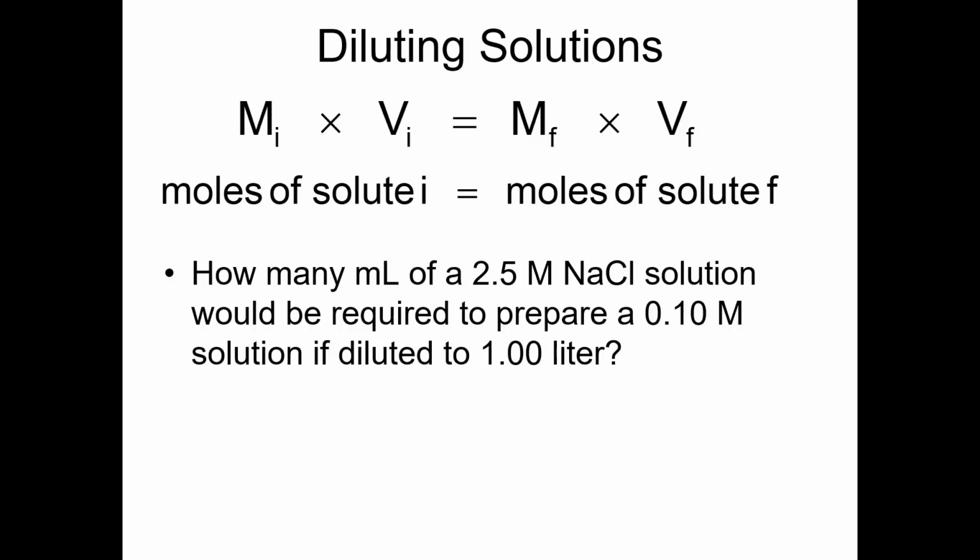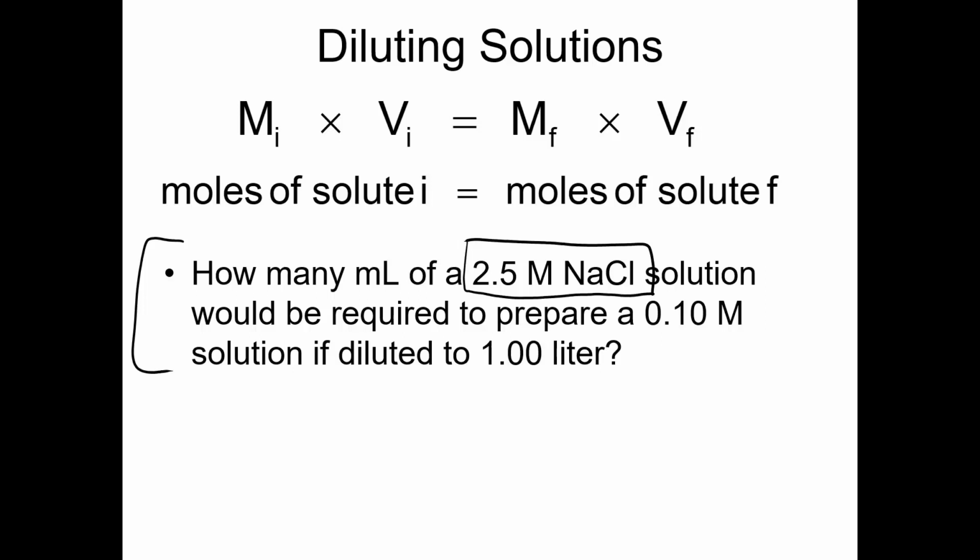Okay, so let's say I wanted you to solve this problem here. How many milliliters of a 2.5 molar sodium chloride solution would be required to prepare a 0.1 molar solution if diluted to 1 liter? So I've got a stock solution here. It is 2.5 molar in sodium chloride, and I want to dilute it.